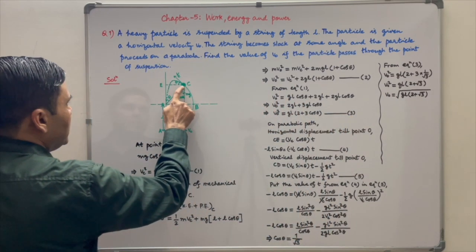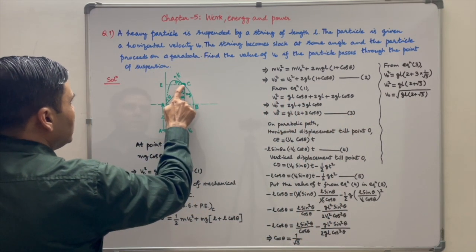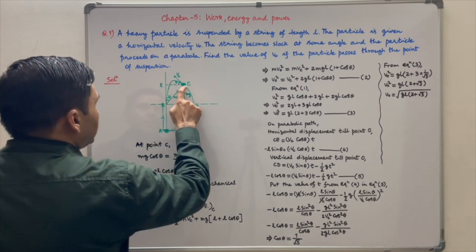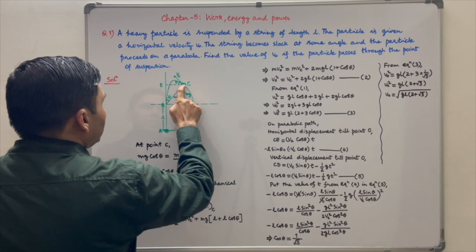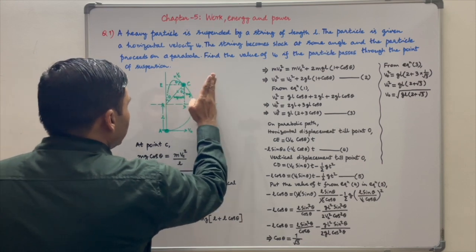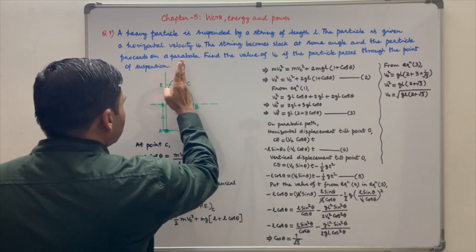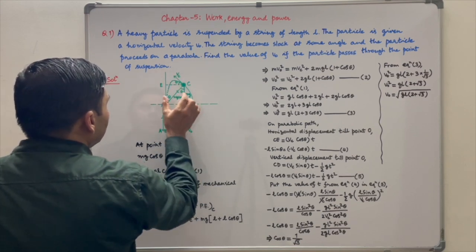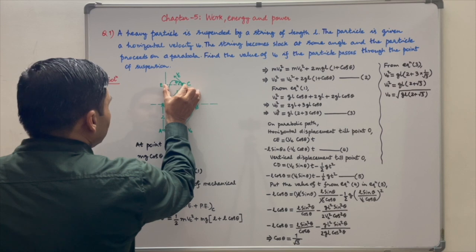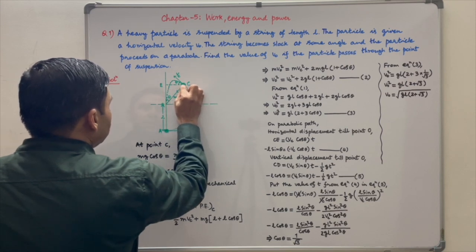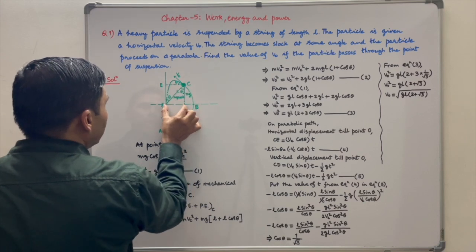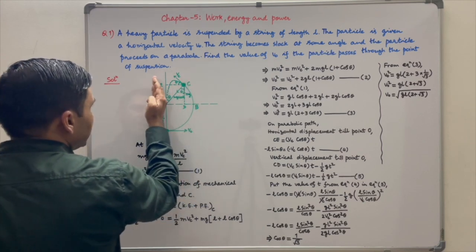Now the particle will leave the circular path and start traveling on parabolic path. Suppose we take C as point of reference. Right side and upward we will take positive, left side and downward we will take negative. Horizontal displacement when the particle travels between C to O will be CE or OD, and we will take this as negative.